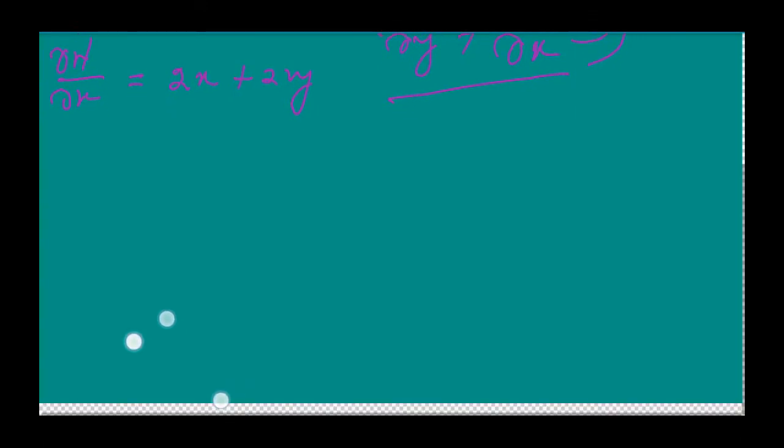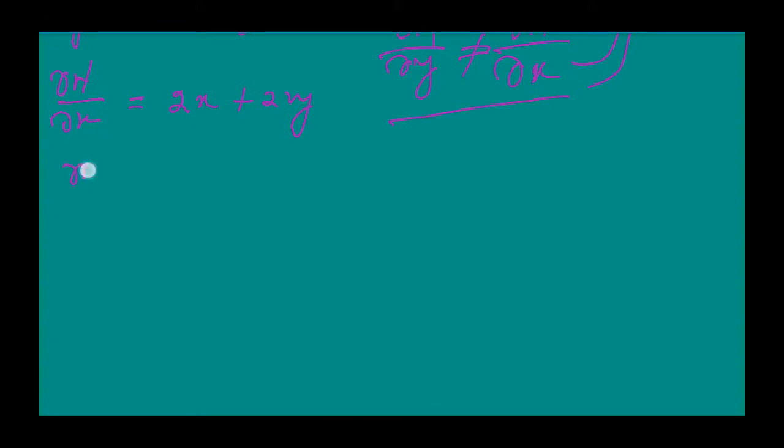First we have to form a function, that is del m by del y minus del n by del x, whole into 1 by N, which is equal to, here I have already calculated del m by del y and del n by del x, so we have to put only these terms: 4x plus 6y minus 2x minus 2y, by N. N is x square plus 2xy, and this will be 2x plus 4y by x into x plus 2y. So this is coming to be 2 by x.